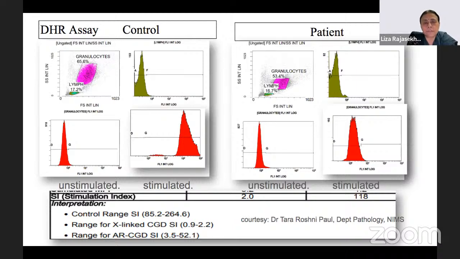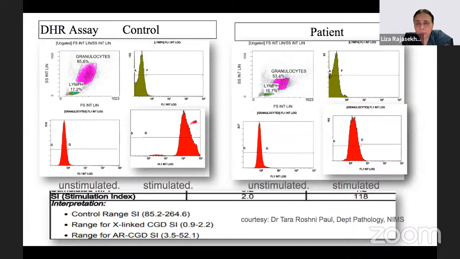And so there is a shift in the fluorescence, which is gated. So here, on the left panel, I'm showing the control. The leftmost red is the unstimulated peak of the neutrophils. And on the right of this is the stimulated peak. So you can see that the fluorescence intensity peak has shifted in this control patient who is normal.